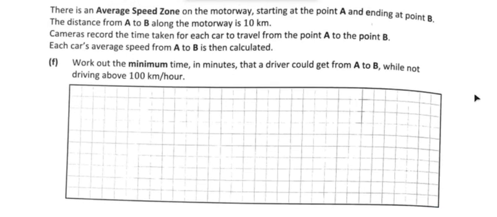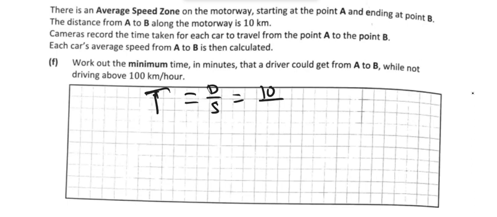Right, so for part F, it's an average speed zone, so you can't go over 100 kilometers per hour. It asks us the time. So when it asks you for time, in this case it's just going to be simple distance over speed. Distance is just 10 kilometers, and to get the minimum time you would be going 100 kilometers per hour.